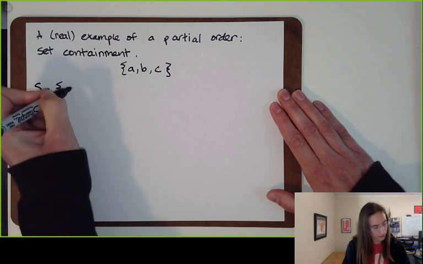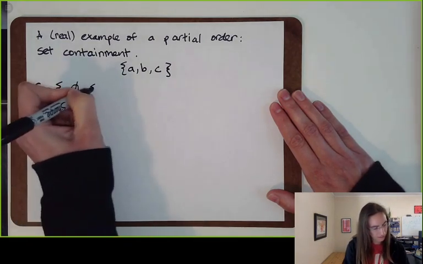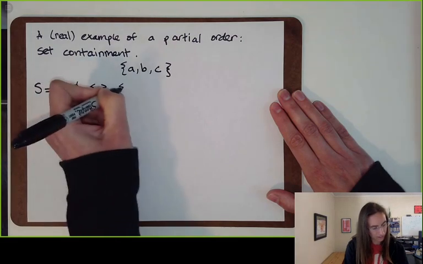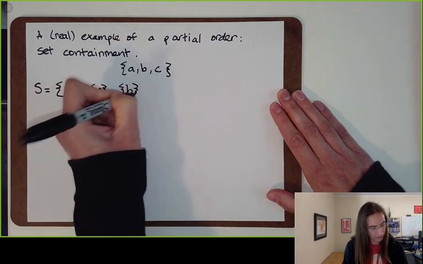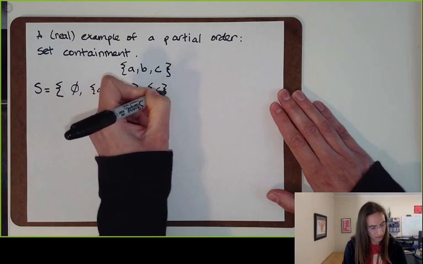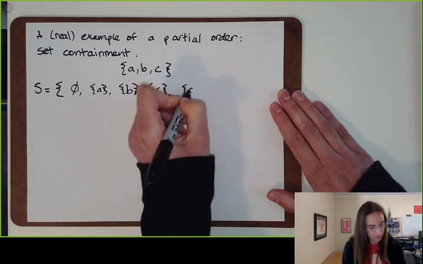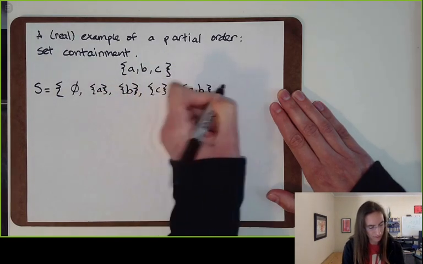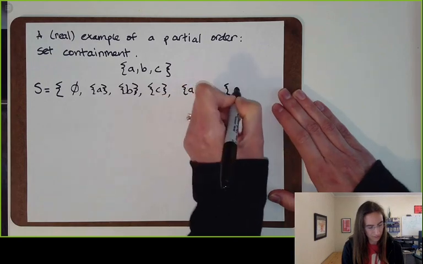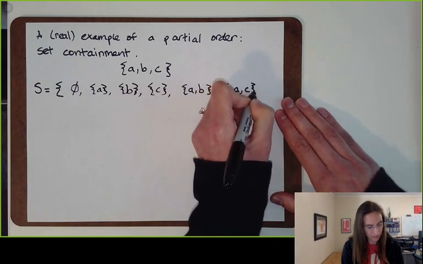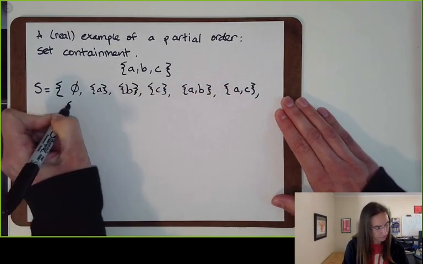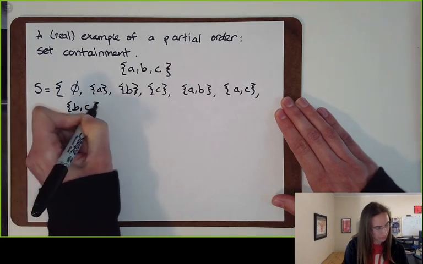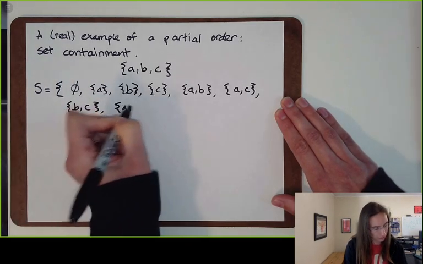So we've got the empty set, and then the set containing A, the set containing B, the set containing C, the set with A and B, A and C, B and C, and then the set containing all three.